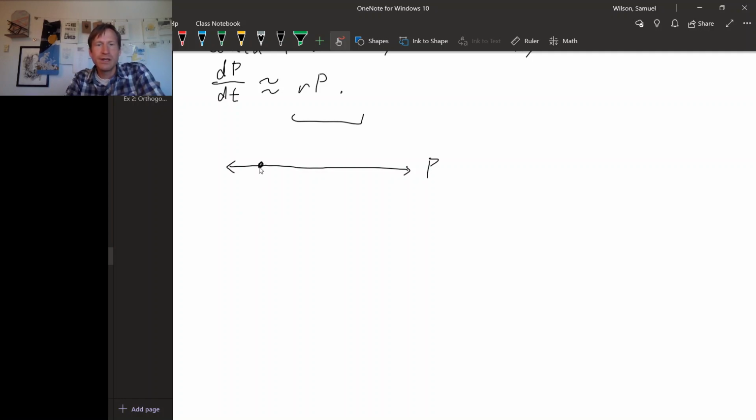So we know there is an equilibrium at zero because if there are no individuals in the population, there's going to stay no individuals in the population. That's sort of how populations work. And for negative values of p, we don't really care what happens to the phase line because negative populations don't really make sense.